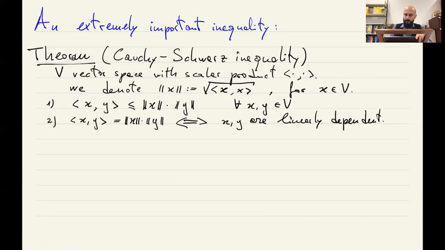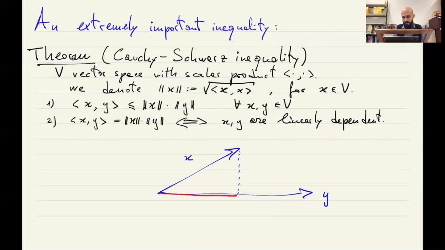Okay, and as a picture we should think of it like this. So we have x, we have y, and what the scalar product is representing is the projection of one of the vectors on the other. So in this case, this red vector is the vector that represents the scalar product between x and y.